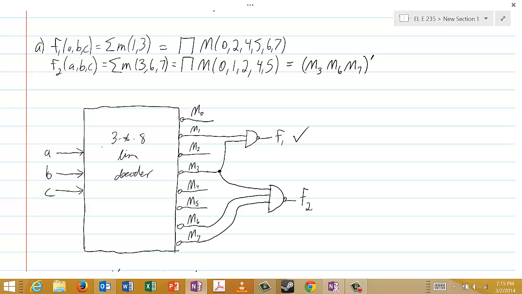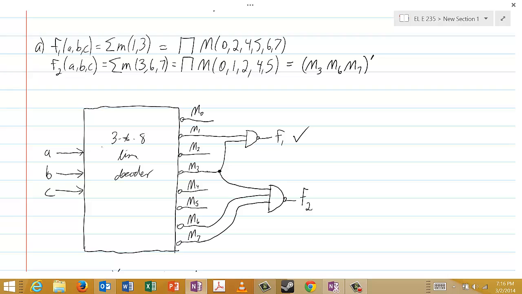And then once you've written your function in the appropriate way, I believe it will be easy for you to determine whether you should use OR gates or NOR gates in the case of the first kind, when you're using a decoder that is a min-term generator, and whether you should use AND gates or NAND gates in the case of a decoder that is a max-term generator.